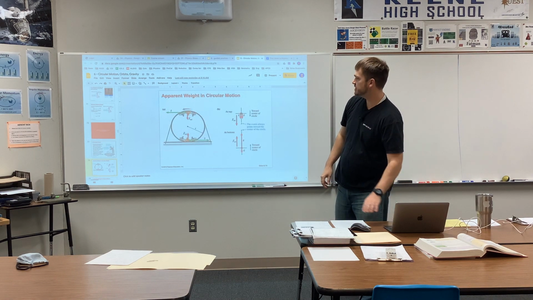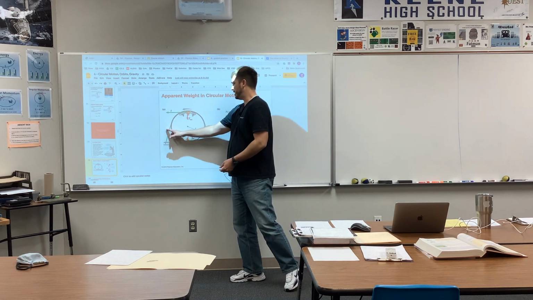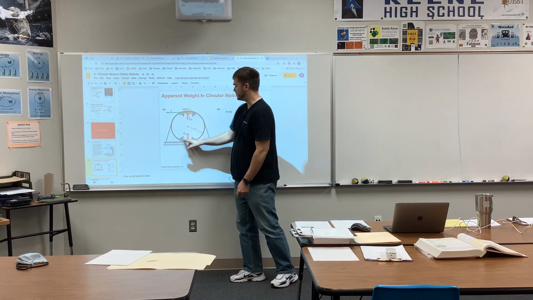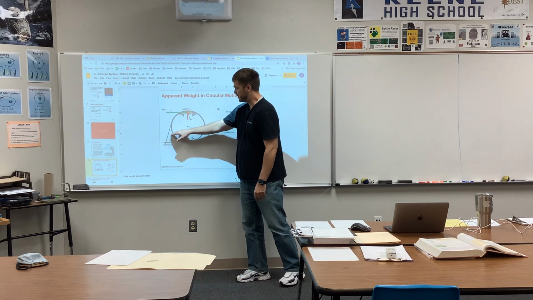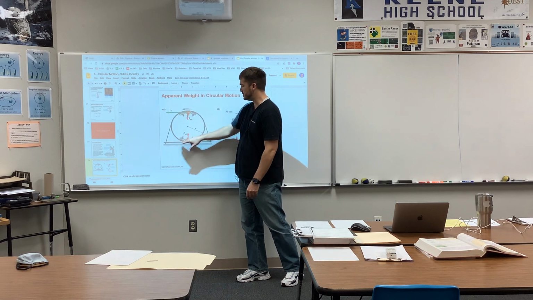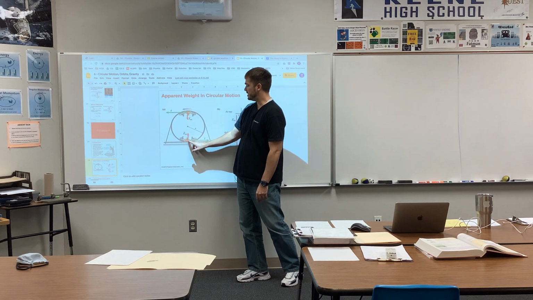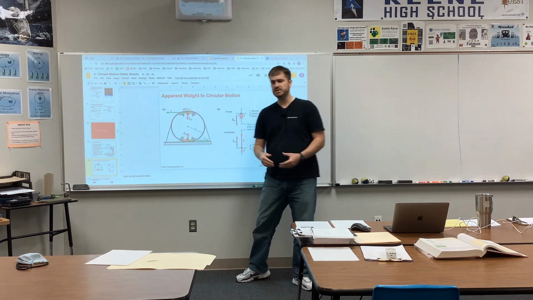One of the situations where this occurs, that's kind of fun to talk about, is in roller coasters. We've already talked about that at all points, if you're traveling in a circle, the velocity vector is tangent to the circle. The acceleration is pointing towards the center, so therefore the net force is pointing towards the center.